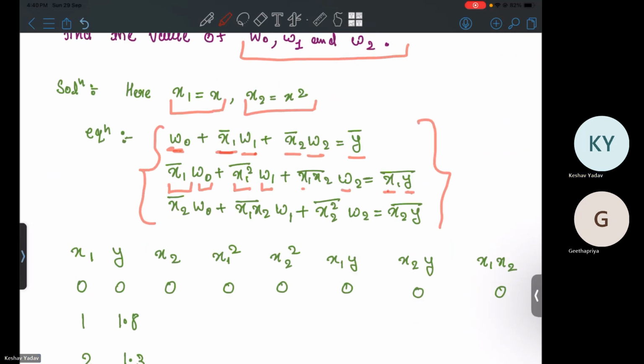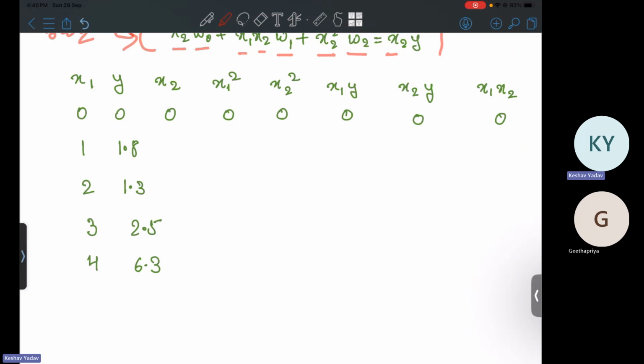Similarly, del E upon del W2 will lead to this equation: x2 bar w naught plus x1 x2 bar w1 plus x2 square bar w2 equal to x2 y bar.